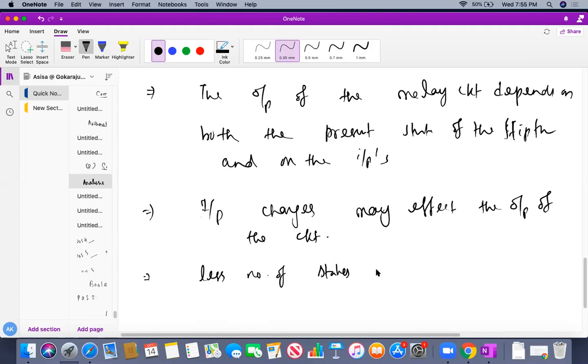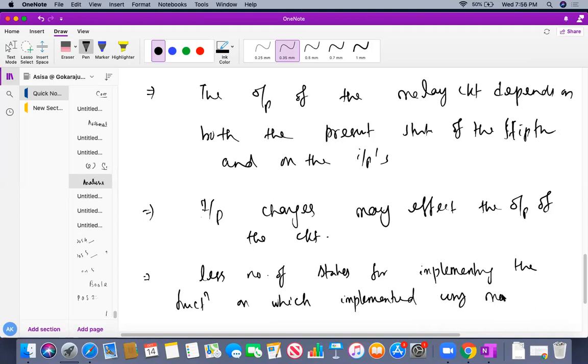It requires less number of states for implementing the function which is implemented using a Moore circuit. Do you all understand how many states are required? It requires less number of states for implementing the same function. So that's one of the important points.